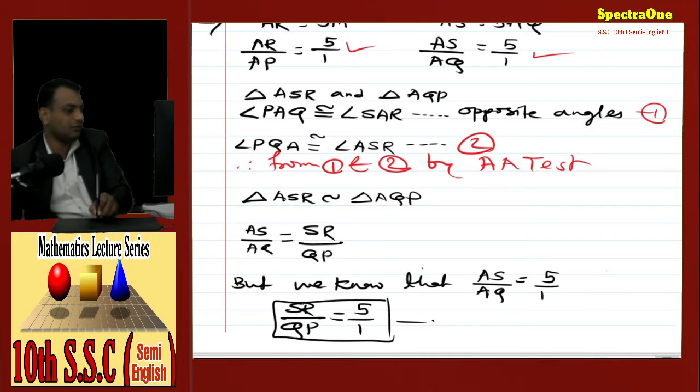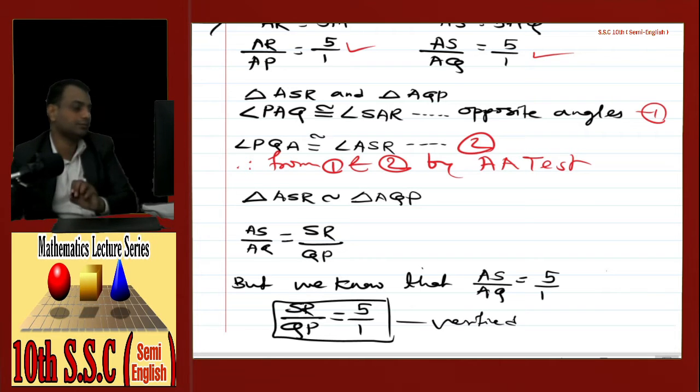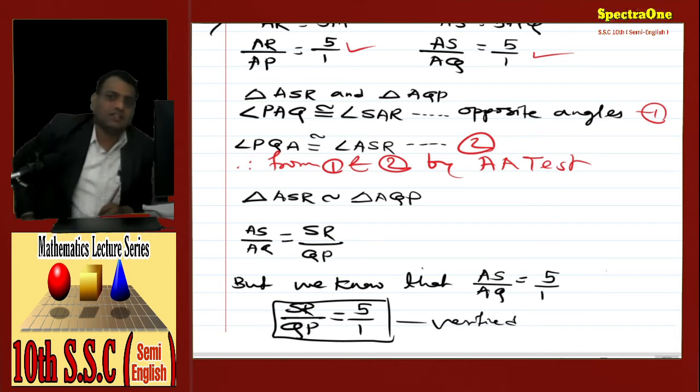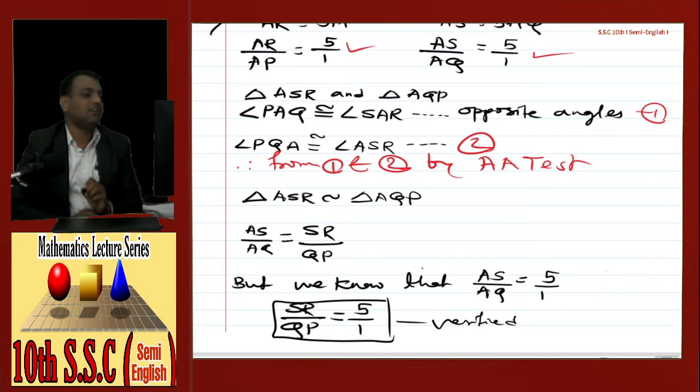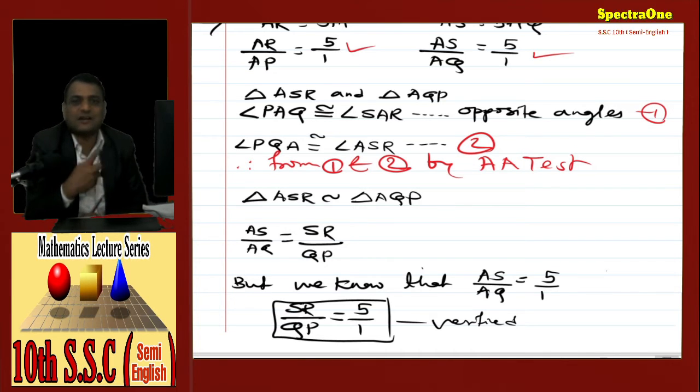That is proved. With this simple example, we can solve it by using the angle test or the side angle side test. We can use any one method to prove that triangle ASR is similar to triangle AQP.